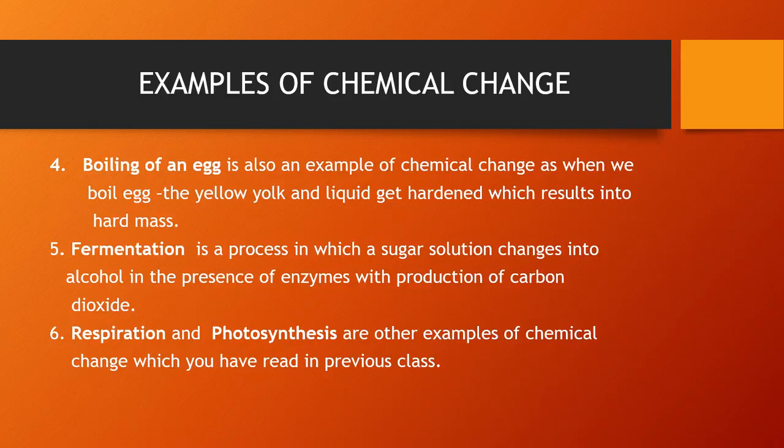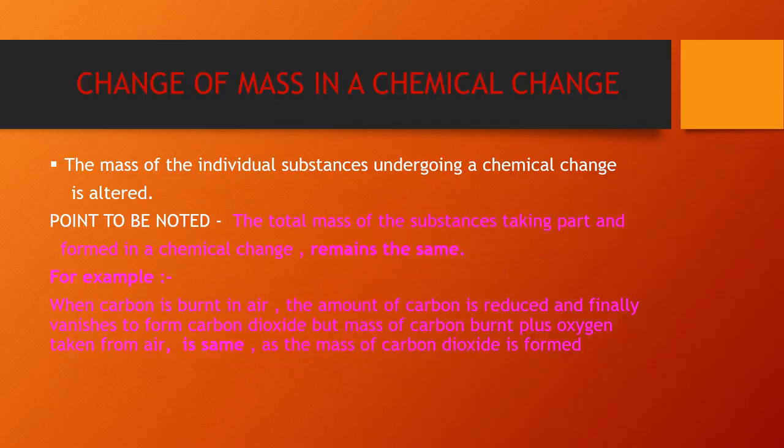The next example, which is covered in the book, is respiration and photosynthesis. They are also examples of chemical change, which you have already read in the previous classes. Okay, children, so I hope you will all learn all the examples.